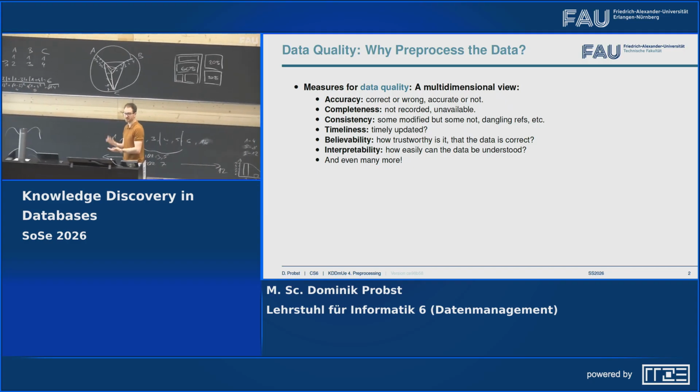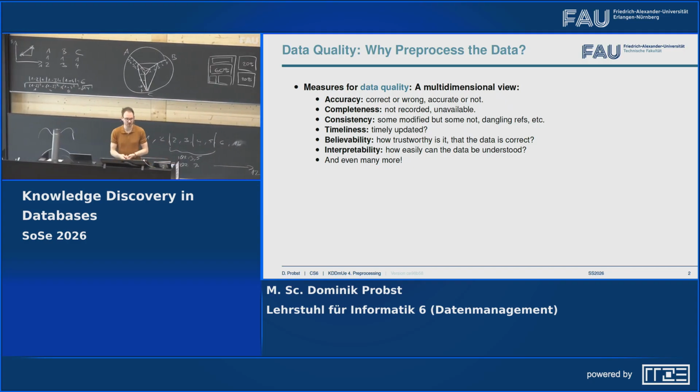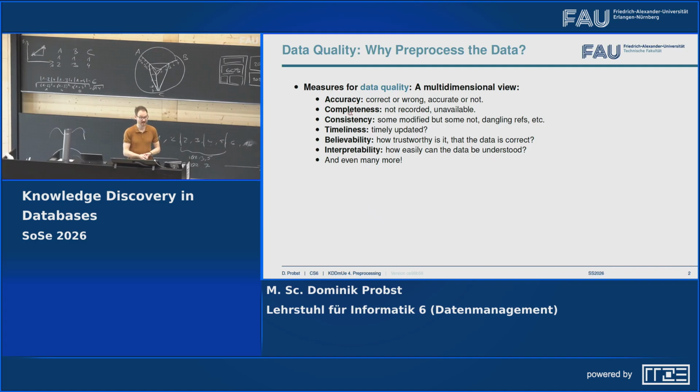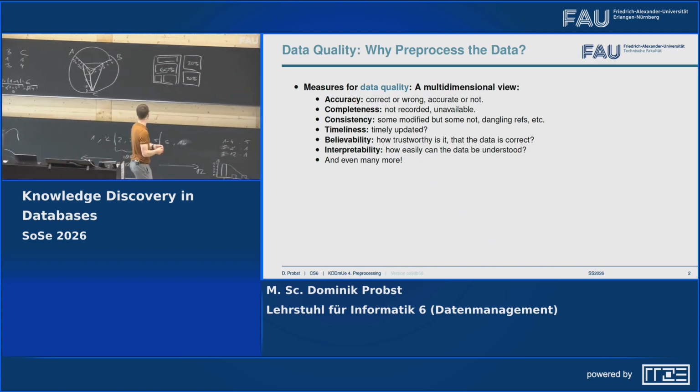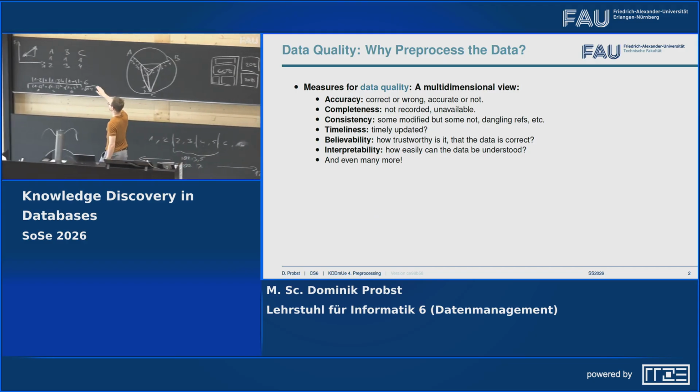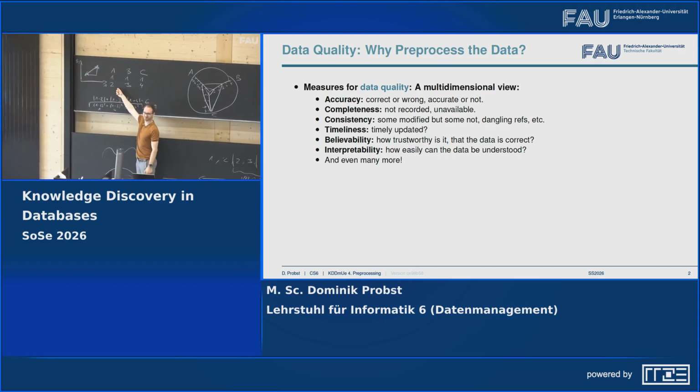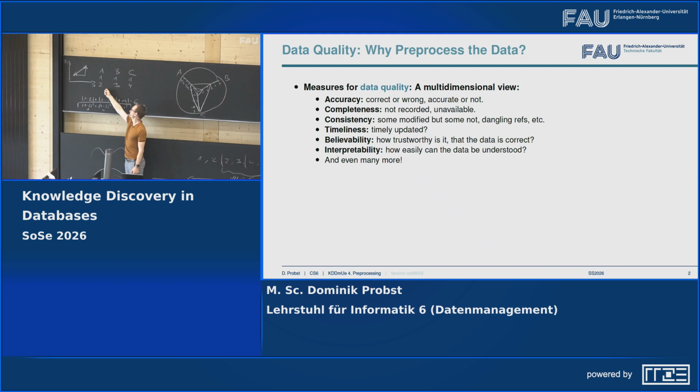We need believable data because only then we can know how accurate the data is. And of course, we need data that can be understood. If we're taking a look at this data set, for example, we do not know what A is, what B is, what C is. We can't interpret this data.